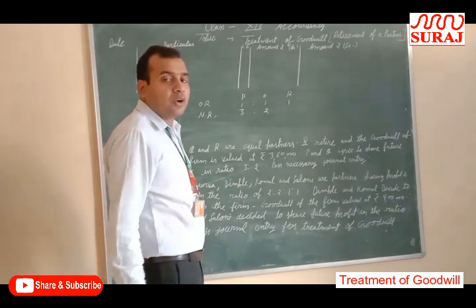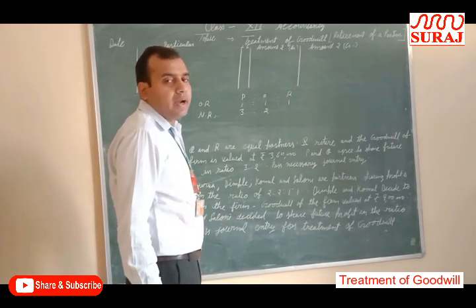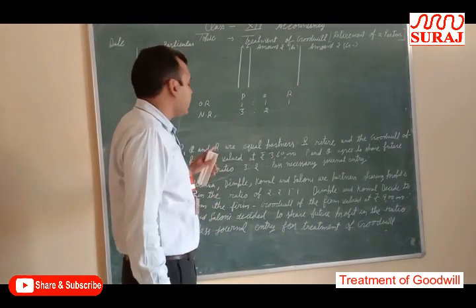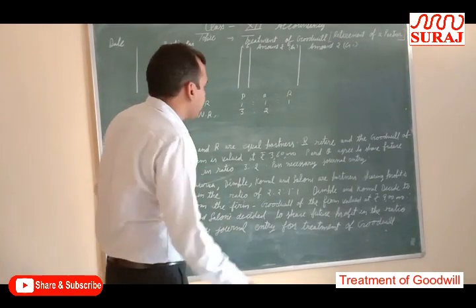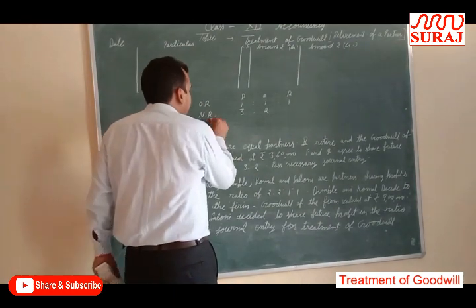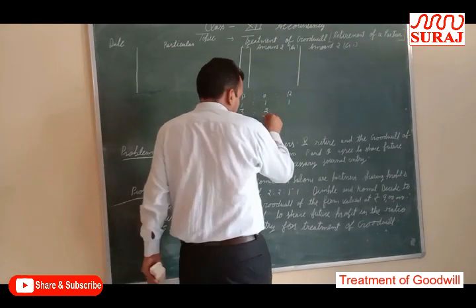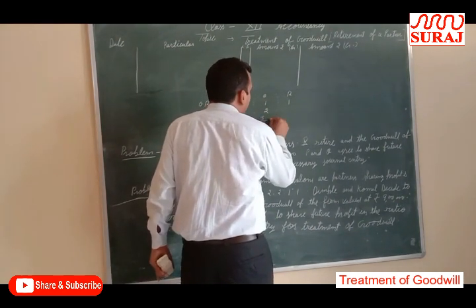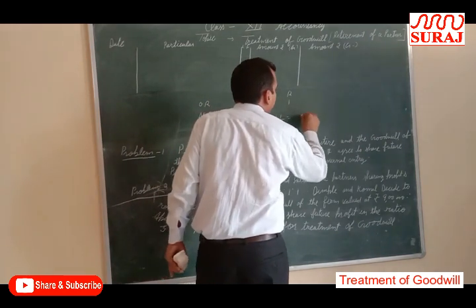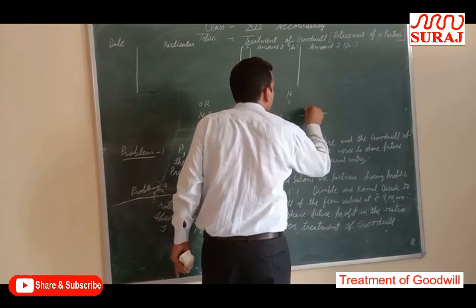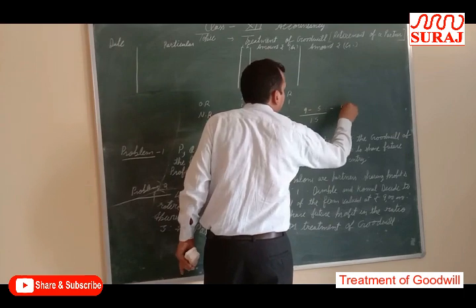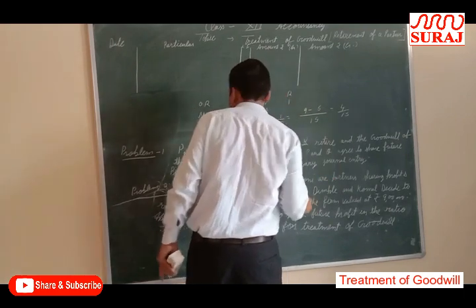Pass the journal entry. First of all, for goodwill, dear students, we require the gain ratio. Then I calculate the gain ratio. P's gain is 3/5 minus 1/3. LCM 15, 9 minus 5, 4/15.